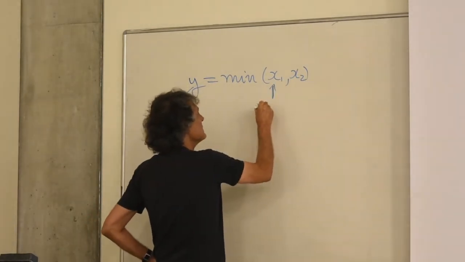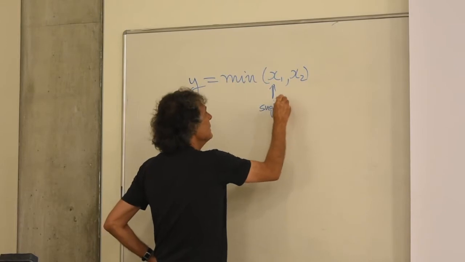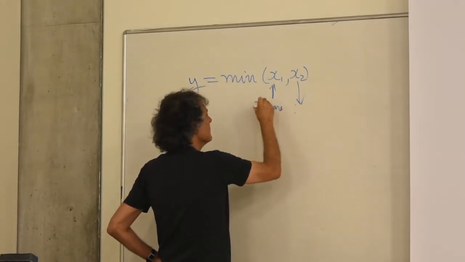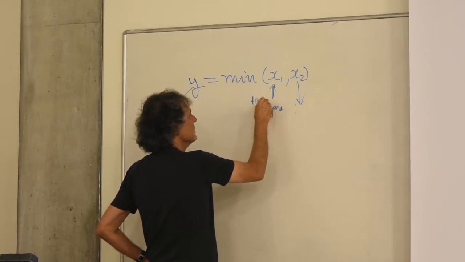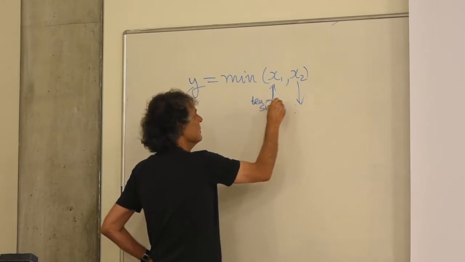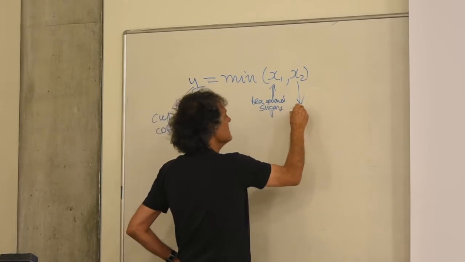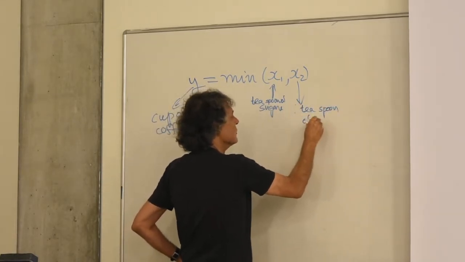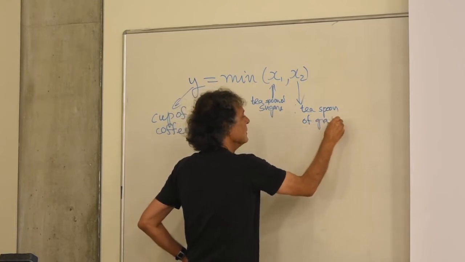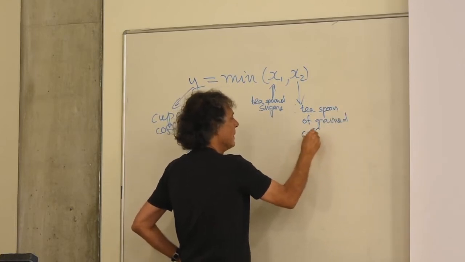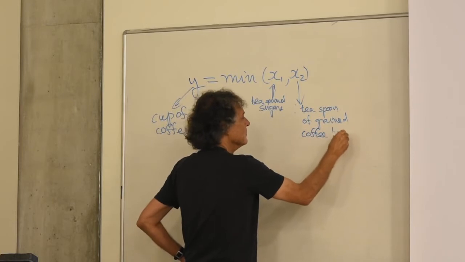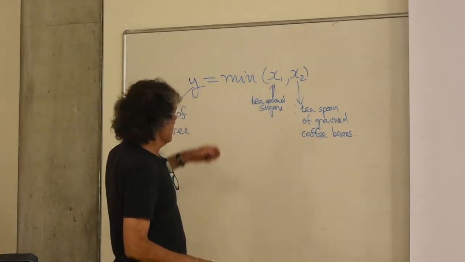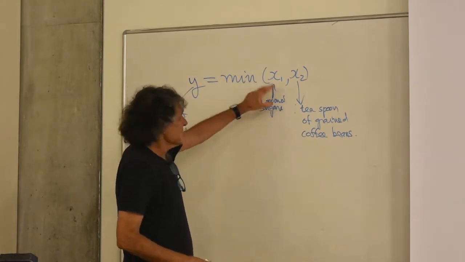This was the sugar, let's say, and this is teaspoons of sugar, and this is teaspoons of ground coffee beans. Okay, so I just need the minimum of the 2.